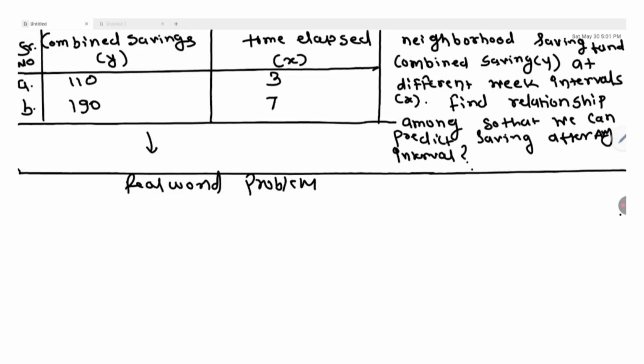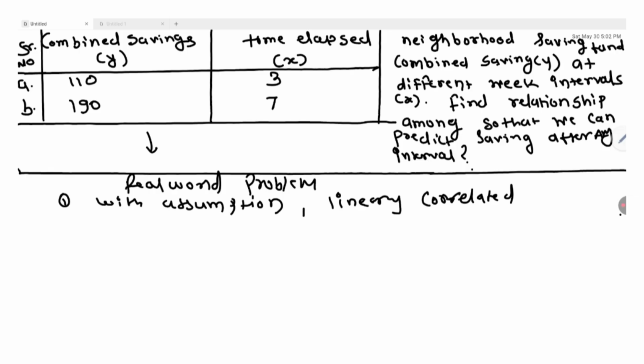Now, with the assumption, because it's complex mathematics, which we would cover in calculus or linear algebra, that these two variables are linearly correlated, I am saying that this y variable equals mx plus c.